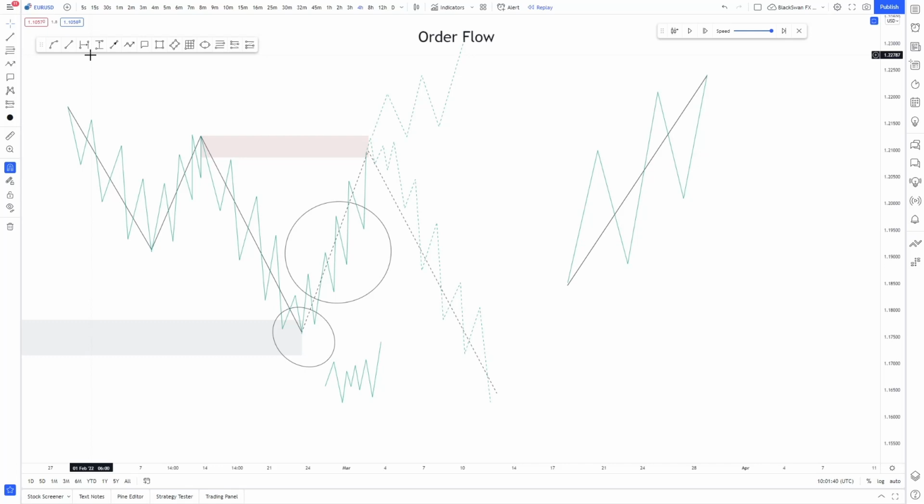Daily structure is given to us in order flow terms through the 4H. 4H order flow is delivered to us through 15M. 15M structure and the order flow behind it is delivered to us through the 1M. And 1M structure, the order flow of that, is delivered to us through the 5S. This is why it's really important to ensure you're getting alignment before you go down to the seconds, because your 5S needs to be aligned to the 1M, which needs to be aligned to the 15M, which needs to be aligned within the 4H, depending on what type of trade you're taking.